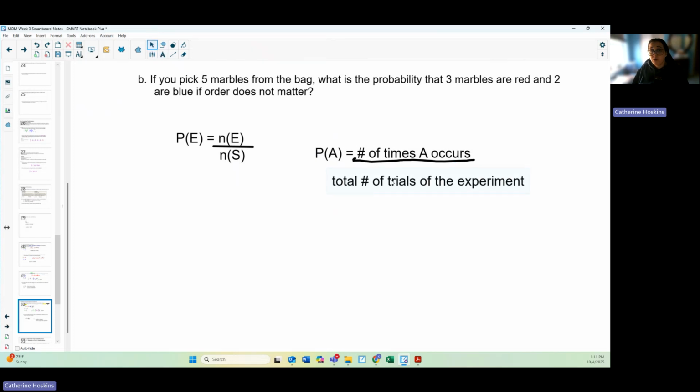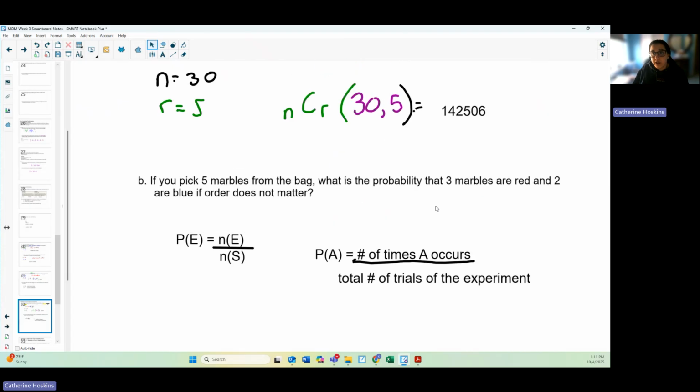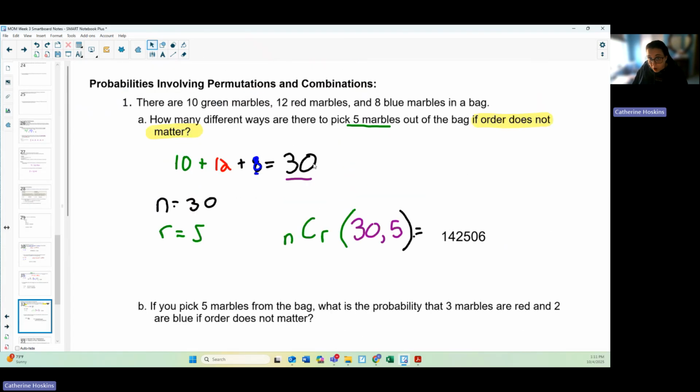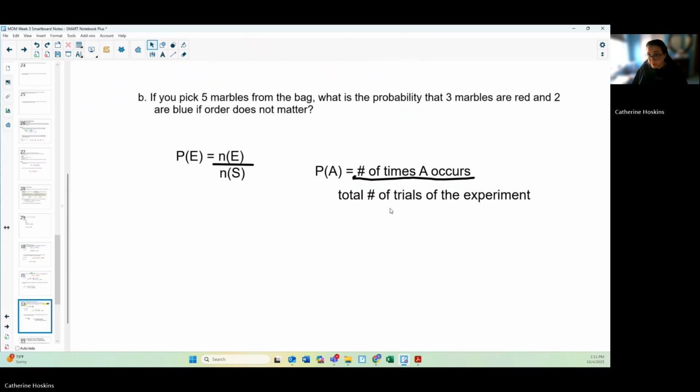So in part A, we just figured out the total number of trials in the experiment. We know the total number of trials is the 30 marbles when we pull them 5 different times. So we already figured that part out. But now we need to look at the number of times A occurs.